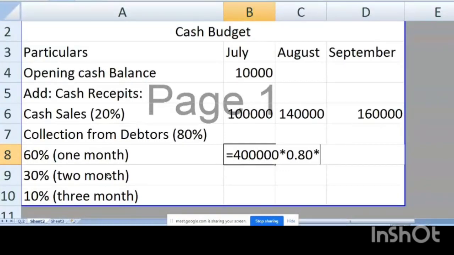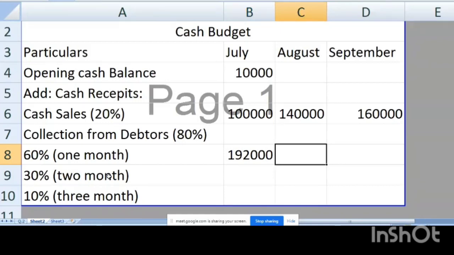Because 60% is the collection part. So this is the way to calculate. Understood everybody? So the amount is 1,92,000. Friends, are you getting it? Give me an immediate yes response. And if you are not asking, put your message in the chat box. Say thumbs up or yes, whatever.